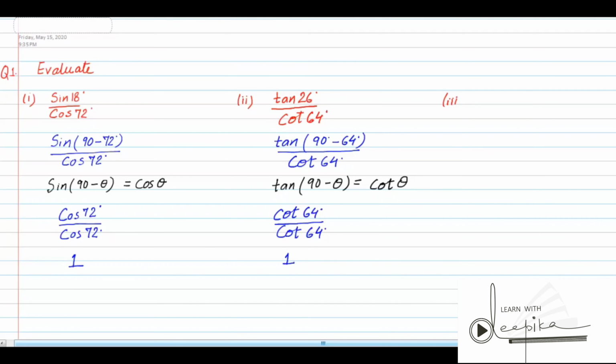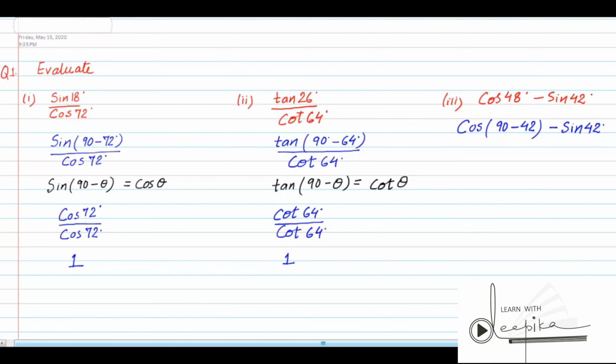Third part is cos 48 degree minus sine 42 degree. Again 48 and 42 are complementary angles, so we can change either cos or sine. So we can write cos 48 as cos 90 degree minus 42 degree, and no change in this term sine 42.